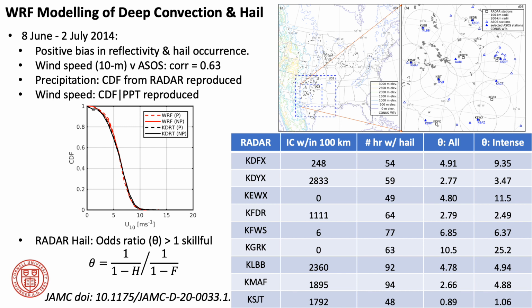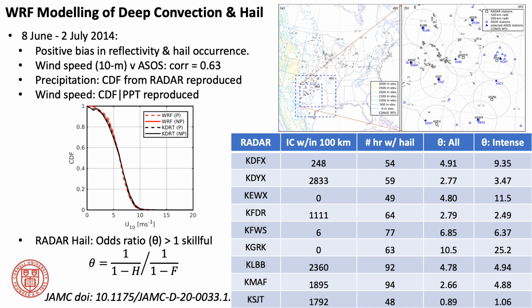So in this panel here, we show the 9 radar stations. We showed the installed capacity of wind turbines within 100 kilometers of each radar station, the number of hours with hail as derived from radar data, and then our skill metric, our odds ratio for all hours with hail, and then the top 50%.